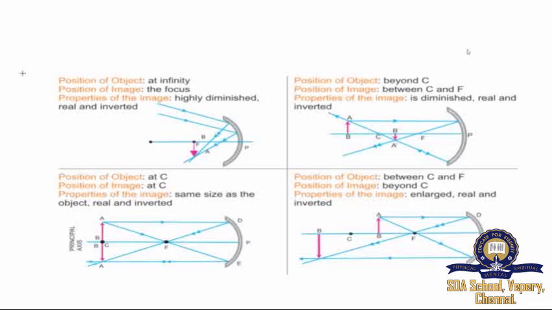You can observe from the table that a concave mirror always forms a real and inverted image, except when the object is placed between the focus and the pole of the mirror. In this position, it forms a virtual and erect image.